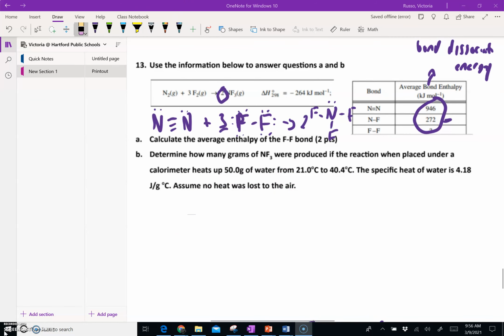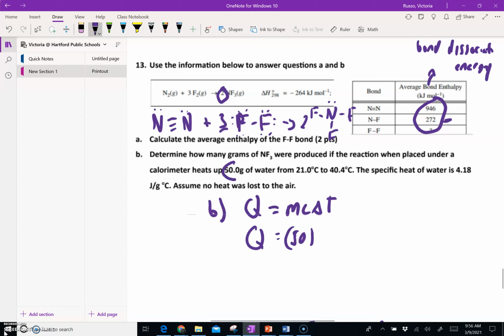Now for B, we're heating up water. Whenever we're heating up water, we need to use the formula Q equals mc change in T. Our mass of water was 50 grams. Our specific heat, as it says in the problem, is 4.186, or 4.18. I use 4.186 in honors.